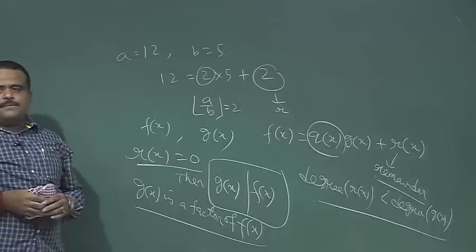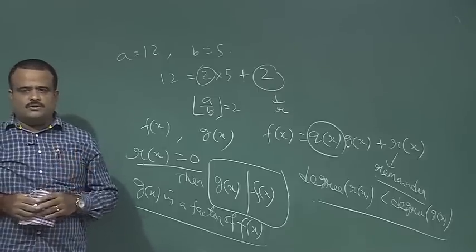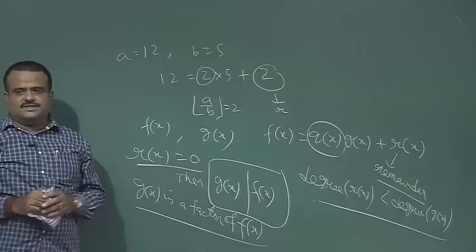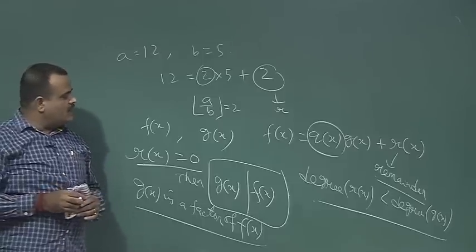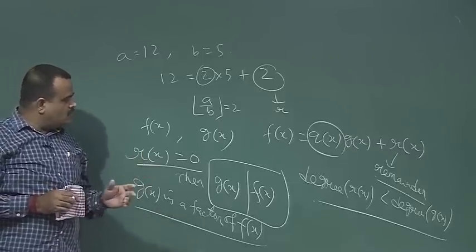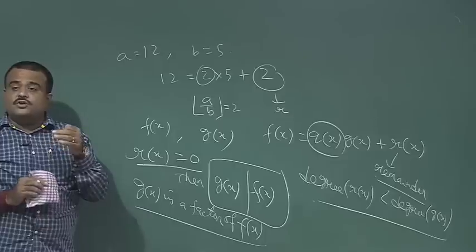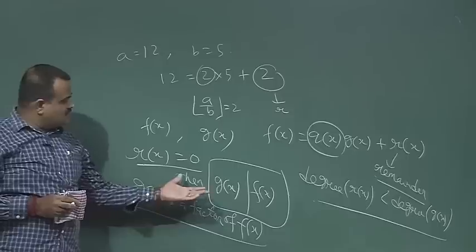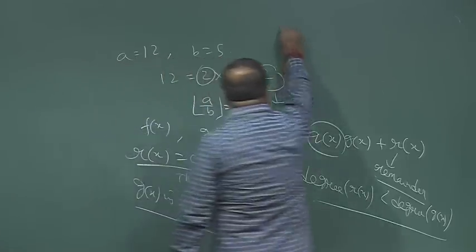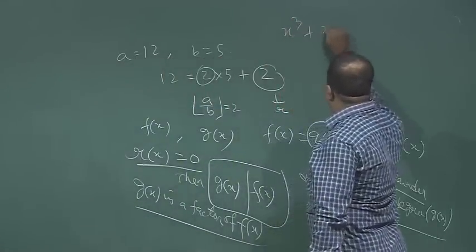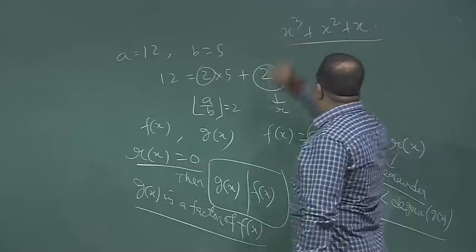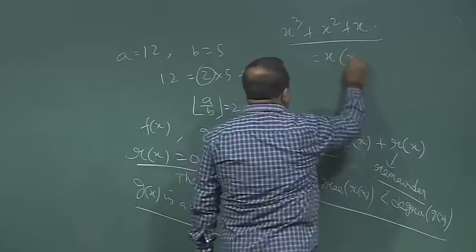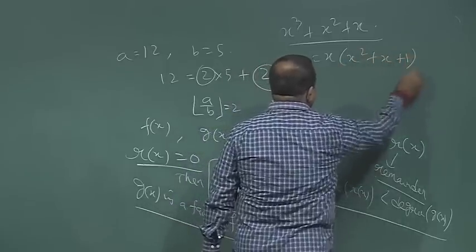Now, we call a polynomial irreducible if it has no factor. If such a g(x) does not exist, then the polynomial is irreducible, so we cannot reduce it further. For example, x cube plus x square plus x is not irreducible, because it can be factored as x into (x square plus x plus 1).